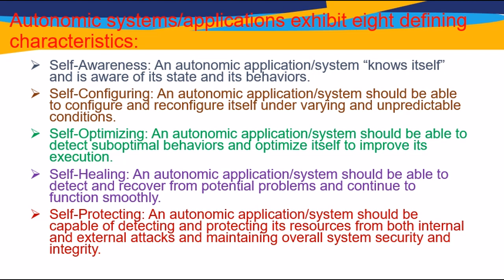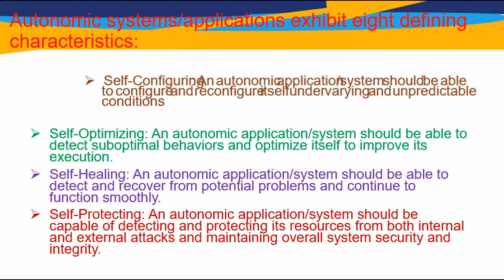And self-protecting: an autonomic application system should be capable of detecting and protecting its resources from both internal and external attack, and maintaining overall system security and integrity. So work against problems and protect itself.